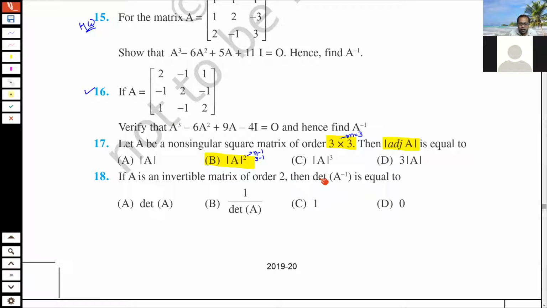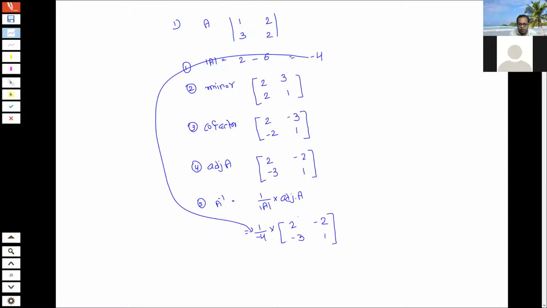Now determinant of A inverse is equal to... it is asked what the determinant of A inverse will be. So A inverse we have found.